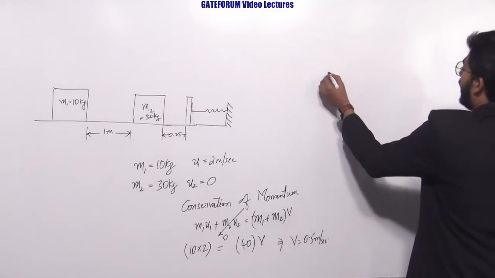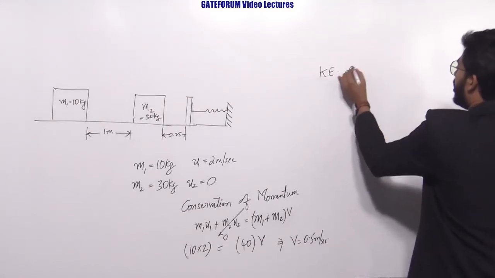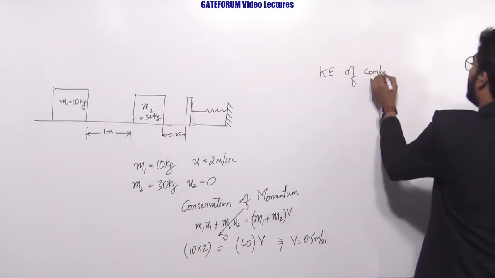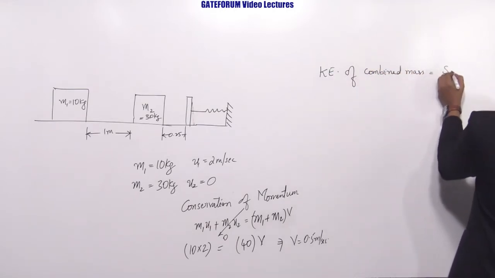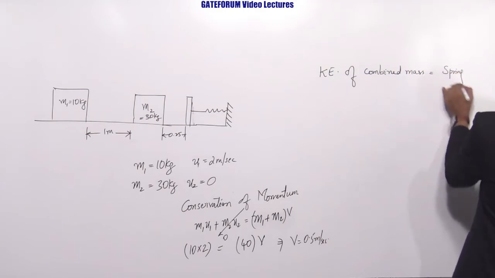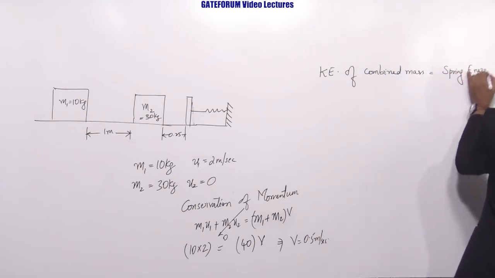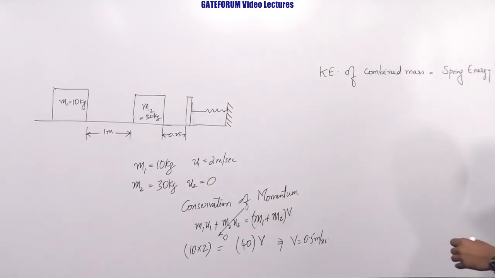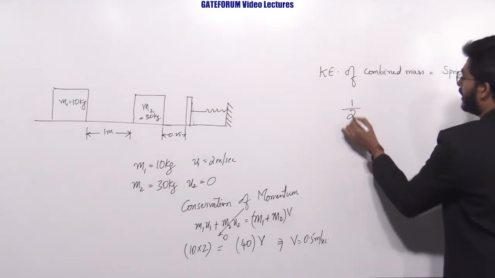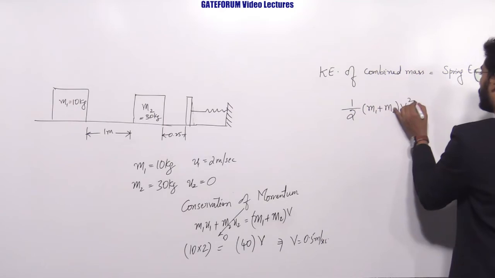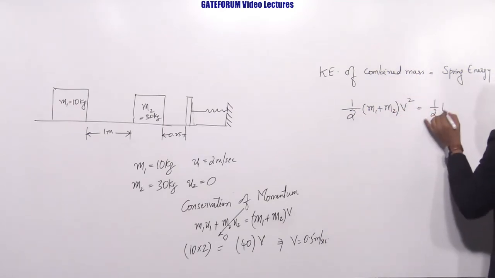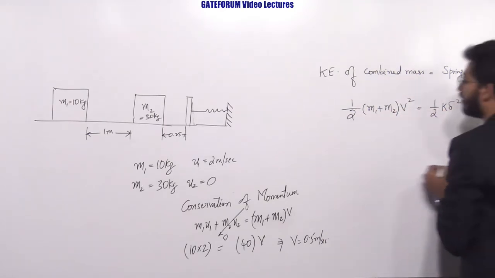So now the kinetic energy of the combined mass is equal to the spring energy. So half m1 plus m2 into v square is equal to half k delta square.